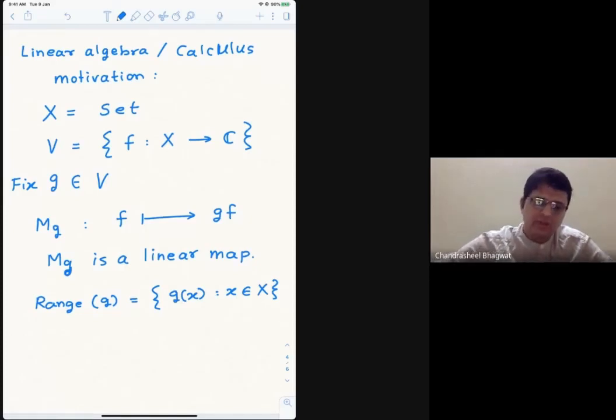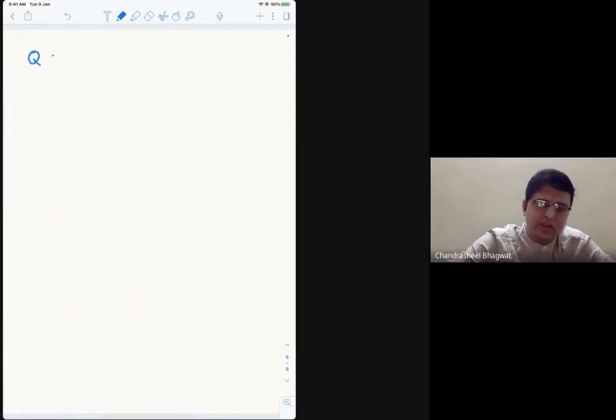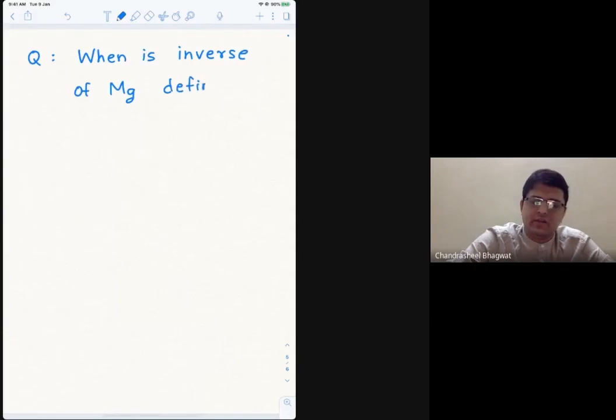Now the question which we are interested in looking at is, when is the inverse of M_g defined?